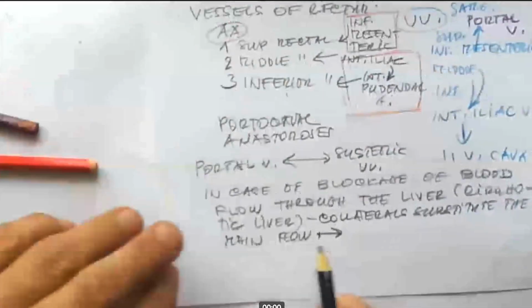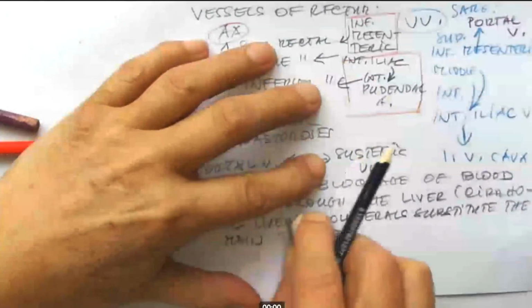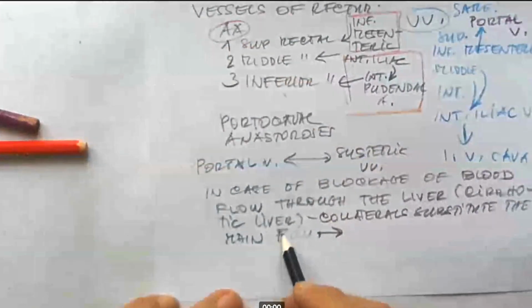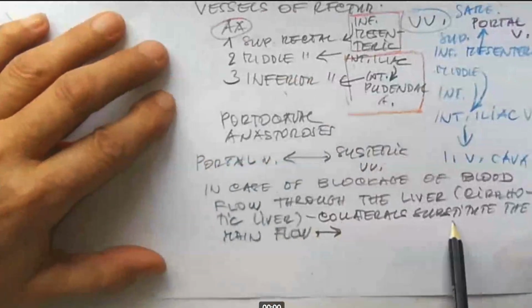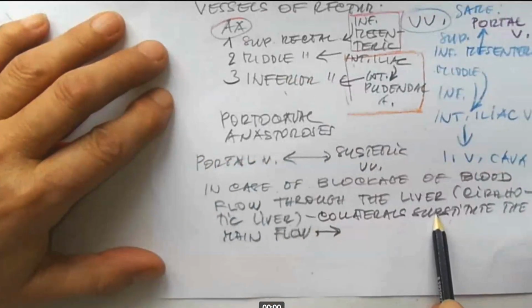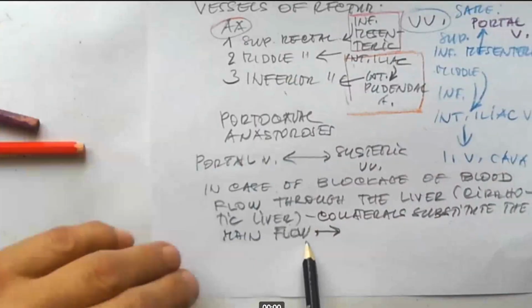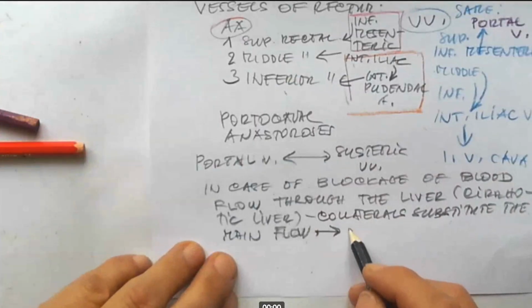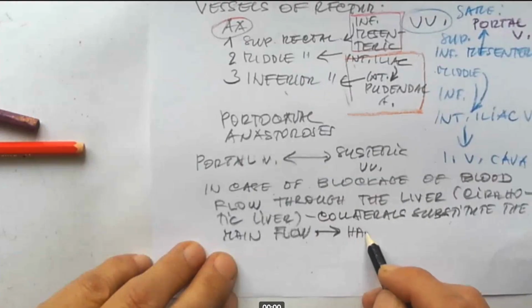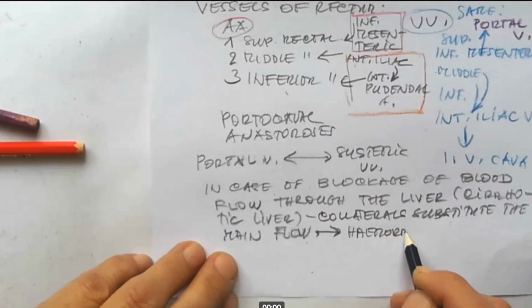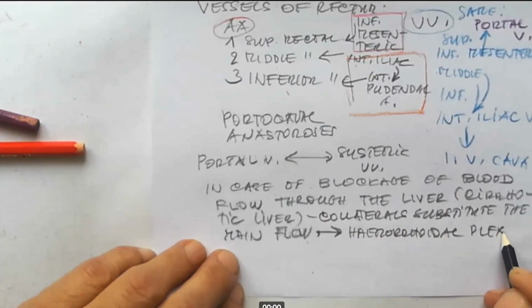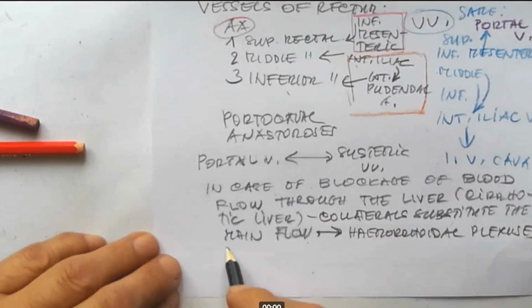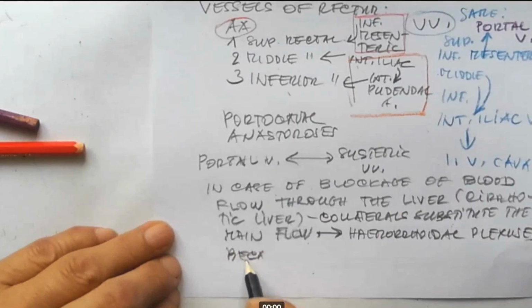That's why I'm completing the main flow. So collaterals substitute the main flow, and then the hemorrhoidal plexuses become larger, but they are thin.